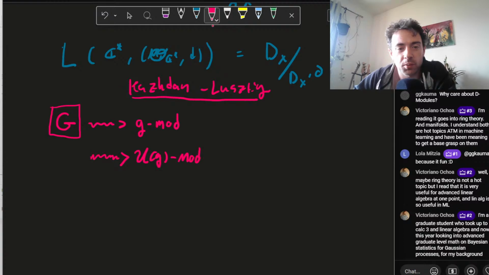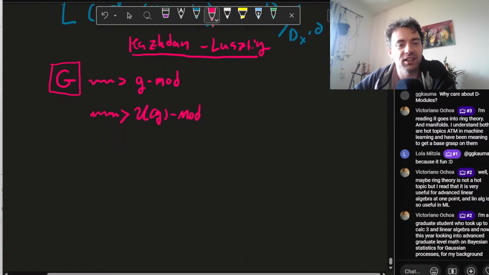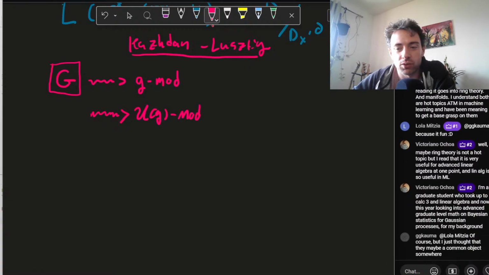So we transform the problem again to look at modules over what's called the universal enveloping algebra. Again, the problems don't seem to reveal themselves, so we try and transform the representations.